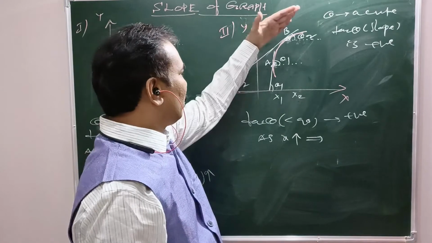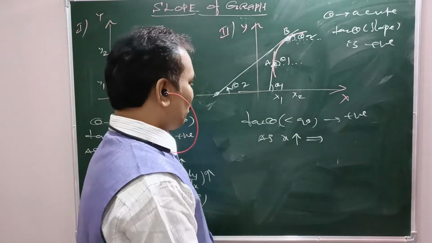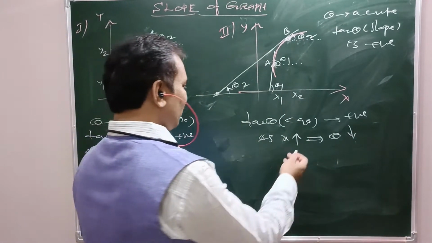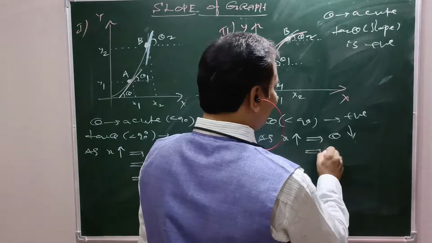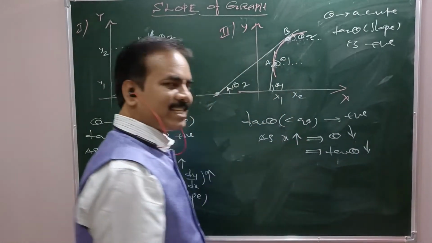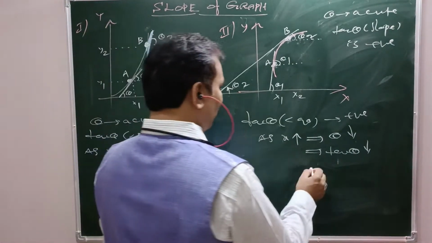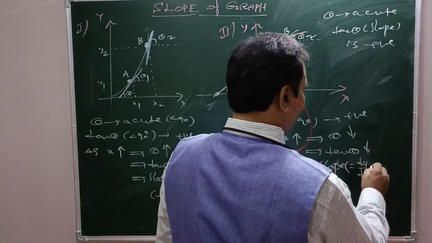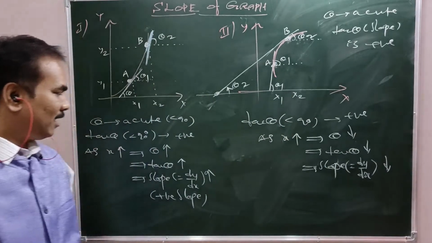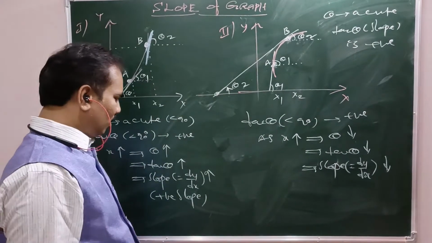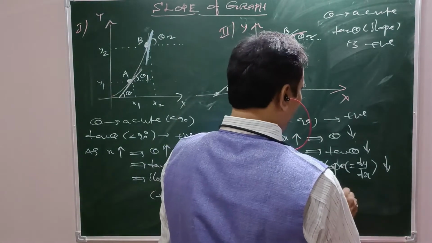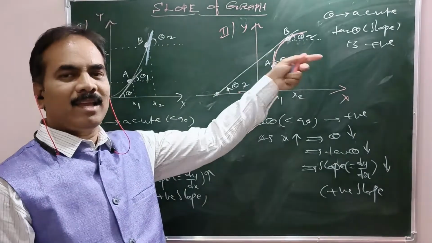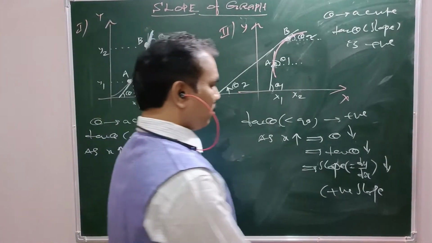Initially this is the slope, at point B later on the slope decreases. So as x increases, theta decreases, which means tan theta decreases. Tan theta means slope, so the slope dy by dx decreases. But it is a positive slope in this case. Why? Because at any point on the curve theta is acute only, therefore the slope is positive.